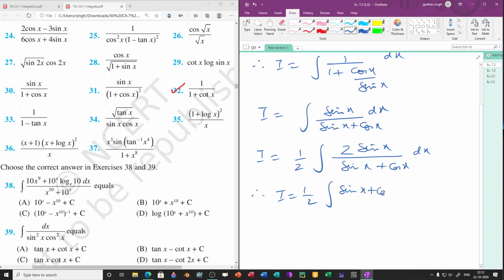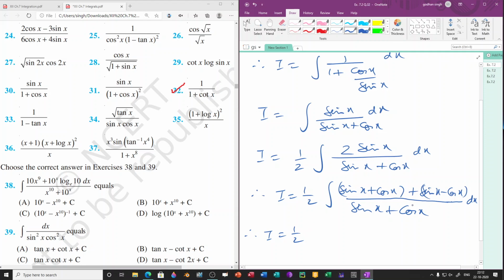Sin x plus cos x plus sin x minus cos x, whole divided by sin x plus cos x, and of course here we have dx, and therefore I equal to half.